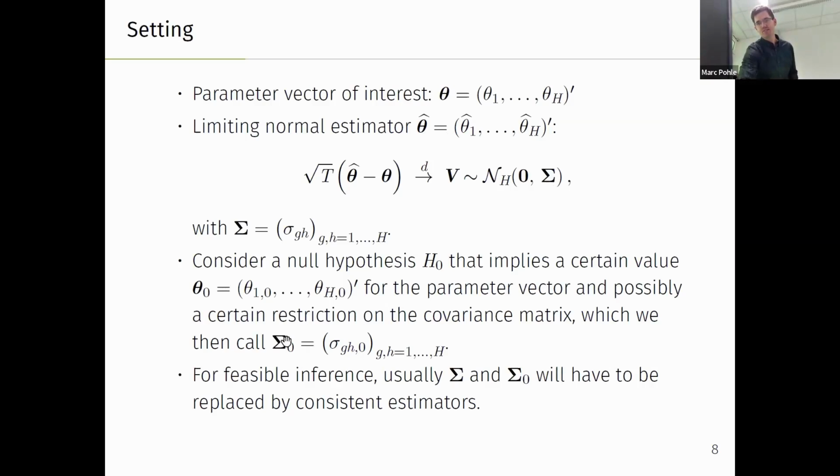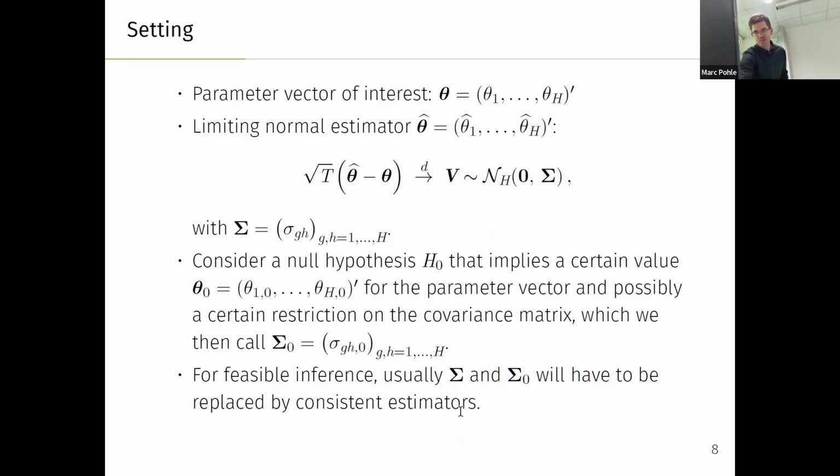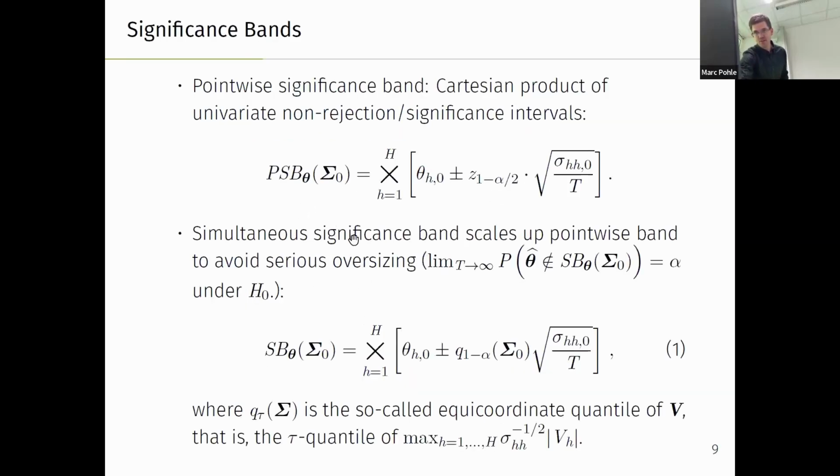And usually for feasible inference, we need to estimate this theta and theta null, and this will be one of the main problems when constructing these bands. Okay, but in theory, we need consistent estimators.